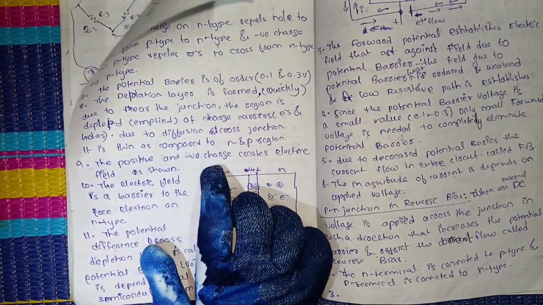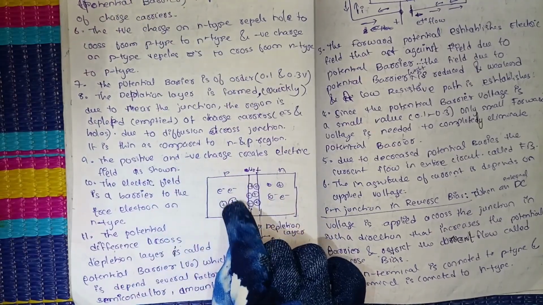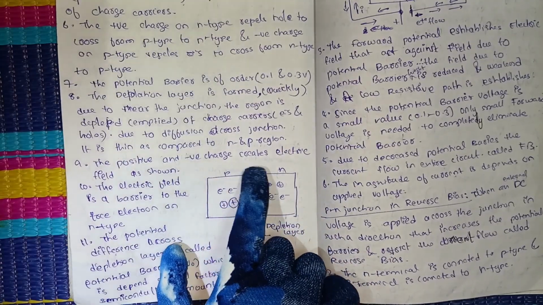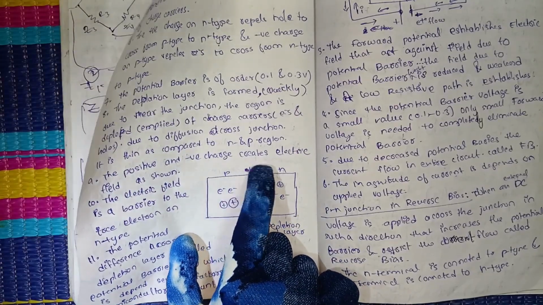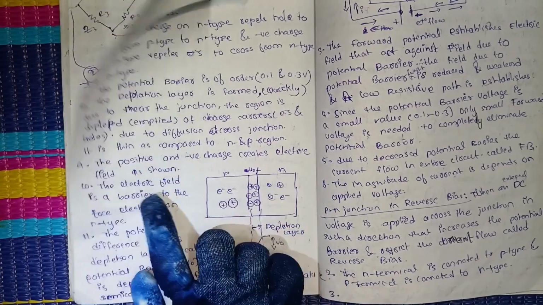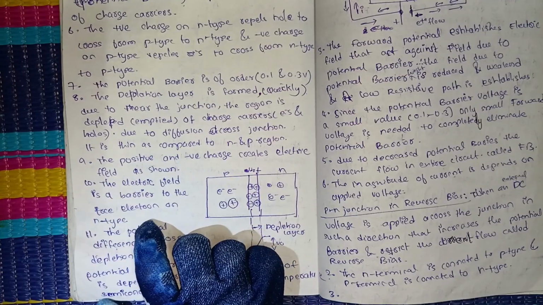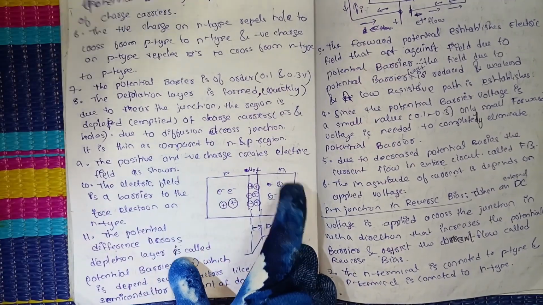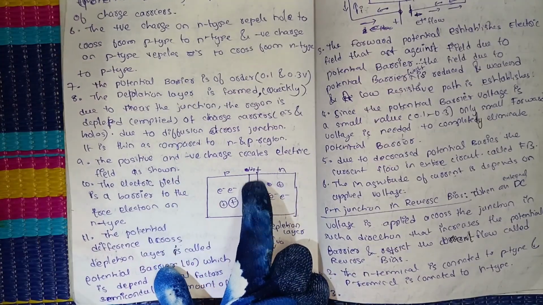And the positive and negative charges create an electric field as shown. The electric field is a barrier to the free electrons on n-type.